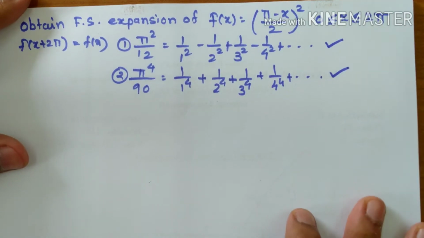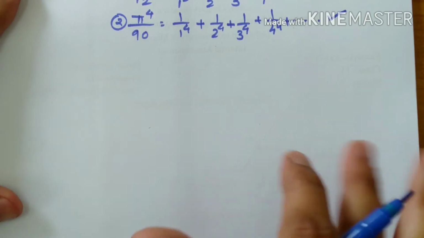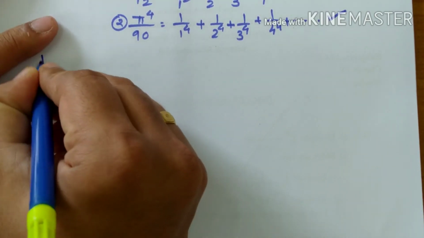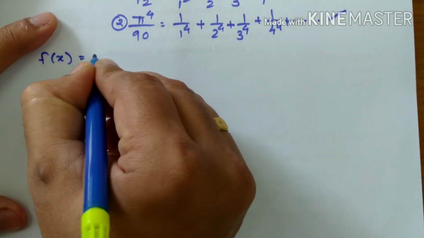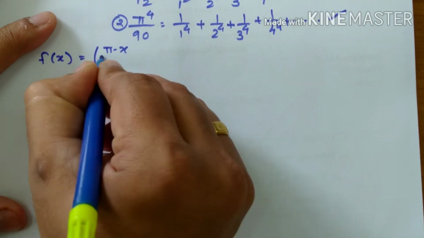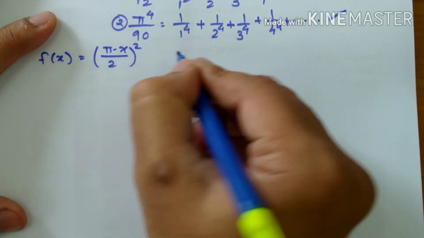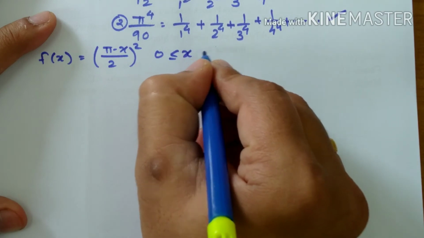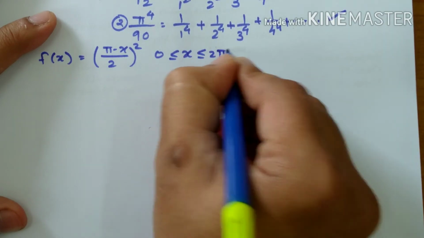Is it okay? Fine. Now, what is the function given here? The function is f of x is equal to (pi minus x divided by 2) bracket square, and the interval is 0 less than or equal to x less than or equal to 2 pi.